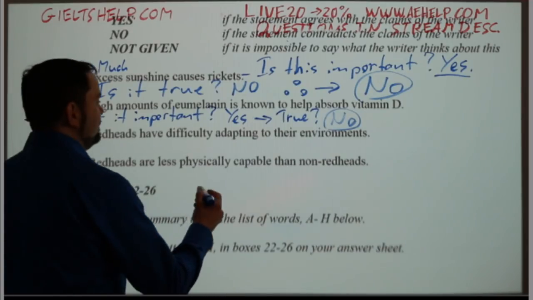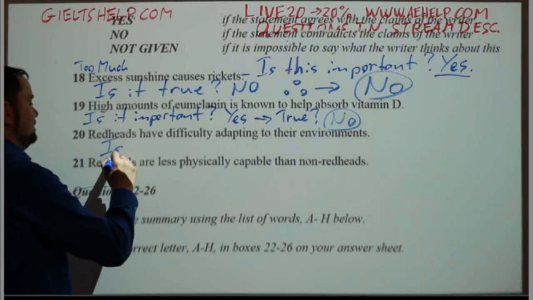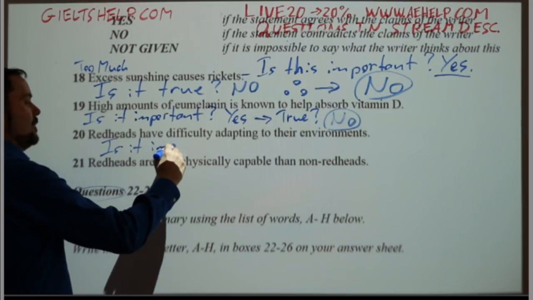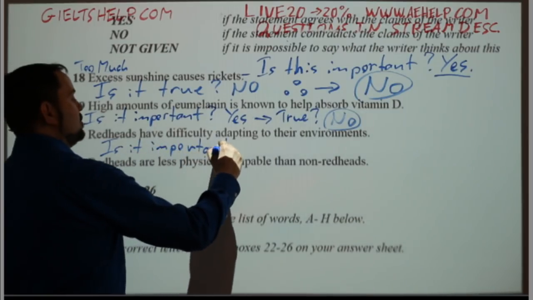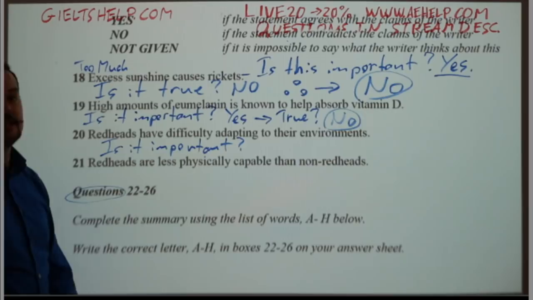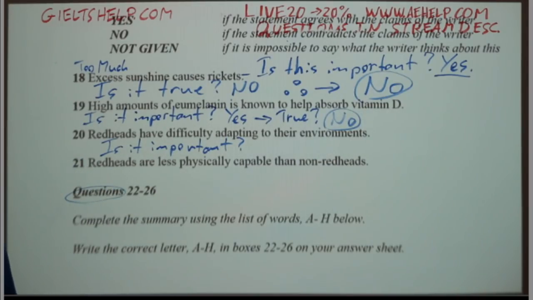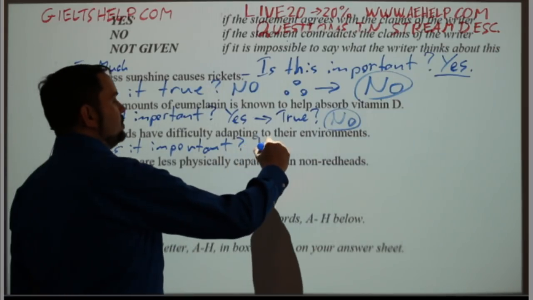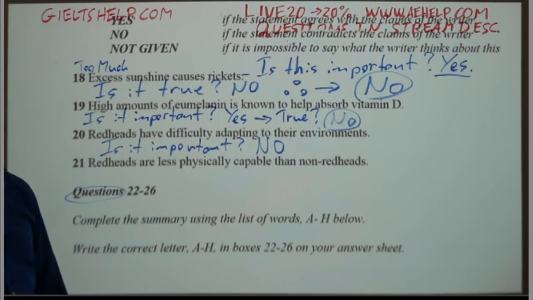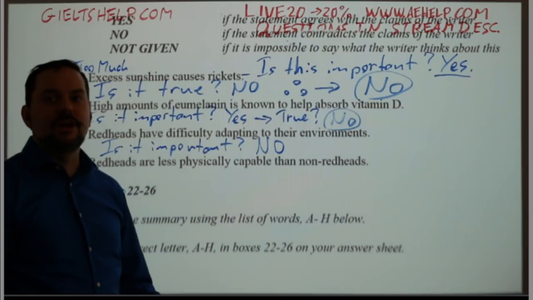Is it important to the topic whether or not redheads have difficulty adapting to their environment? Do we talk about this? No, it's not important to the topic. We don't talk about how well redheads in the modern world adapt to their environment.